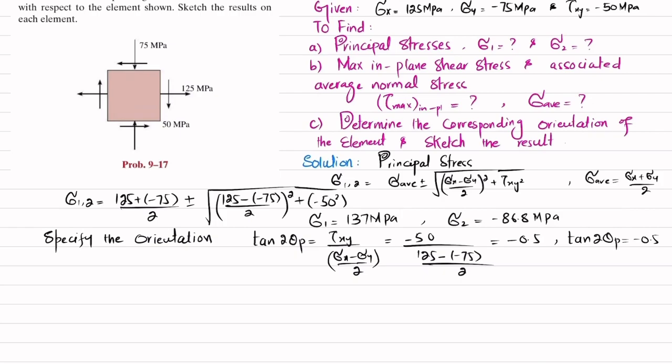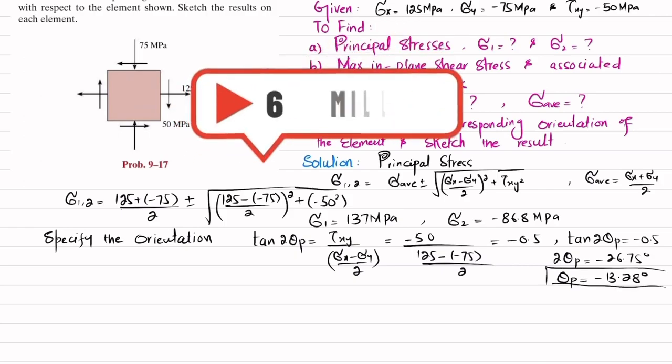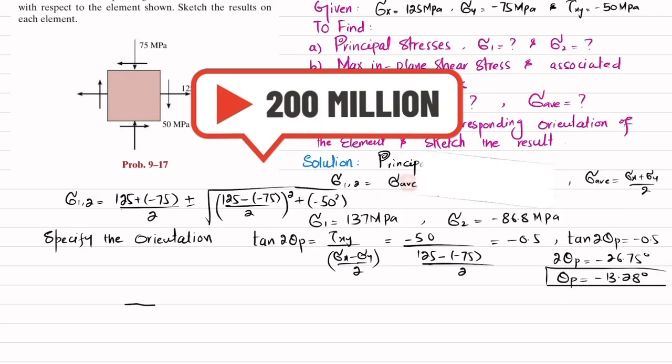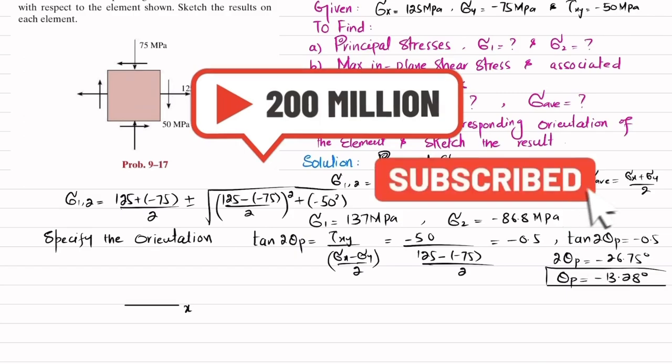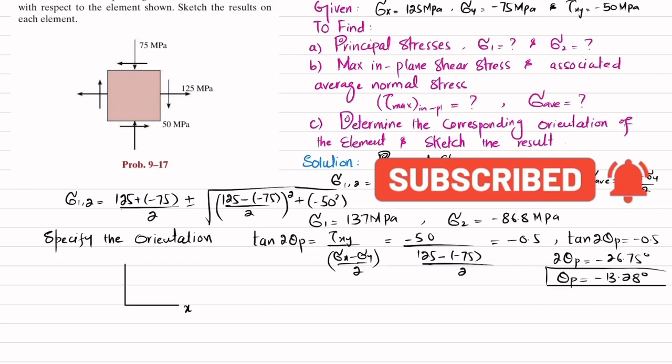So what we will do is that we will get 2 theta p will be equal to minus 26.75 degree, or theta p will be equal to minus 13.28 degree. Now this is the angle. Clear? So if your x-axis is like this, initially x and y was this.